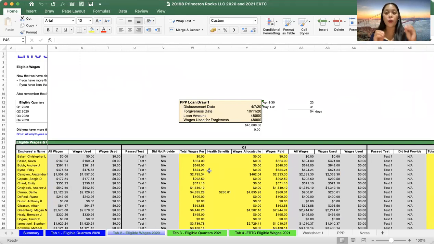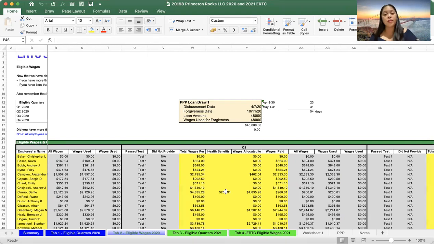Because the IRS requires us to avoid double dipping of wages, wherein we apply it in PPP and also in ERTC. That's a no-no, and in no case should it ever happen. That's why in my ERTC tax credit computation, I first allocate the PPP loan before computing the allowable wages for ERTC.